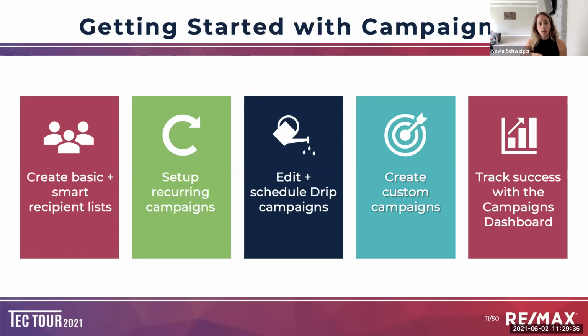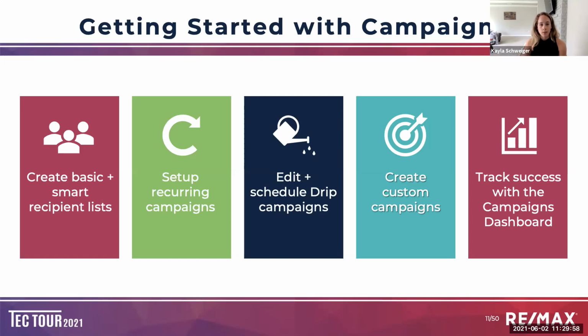Once you get that set up, then you can start creating recurring campaigns for holidays or a specific date or event that you hold at a recurring time frame. Next, you can start editing those drip campaigns that you've imported into your system and start scheduling them out to start nurturing your contacts and staying in flow and staying top of mind with them.